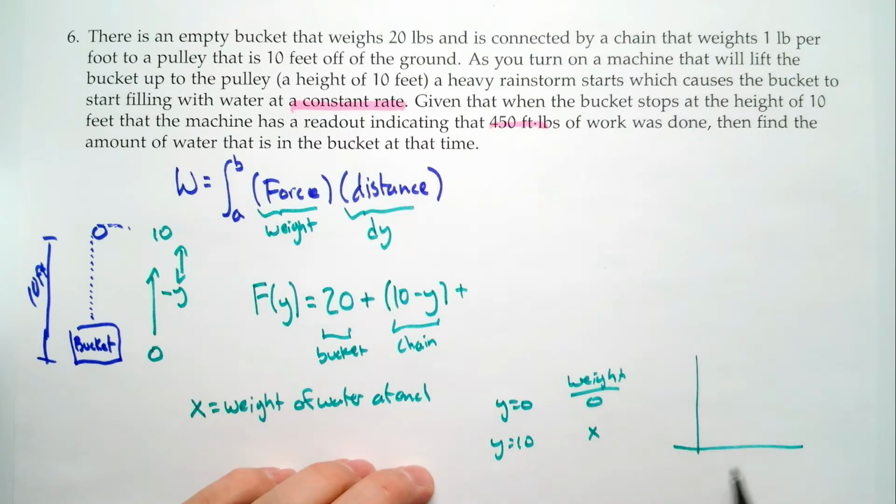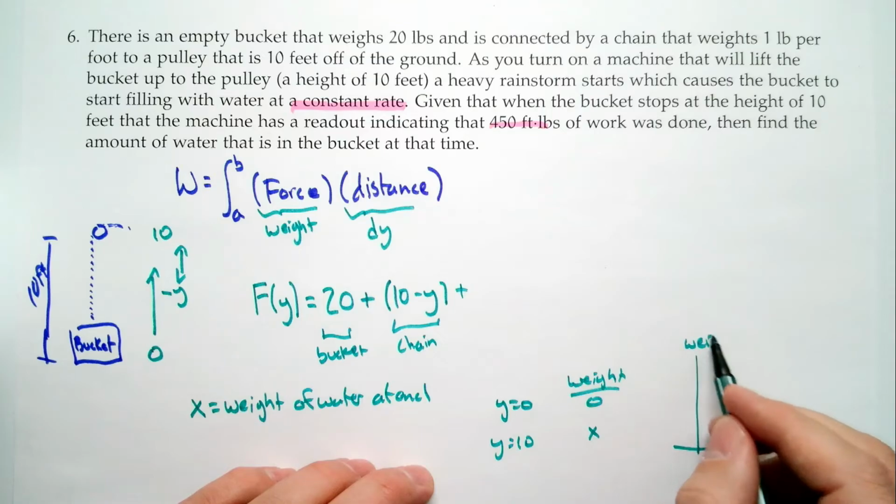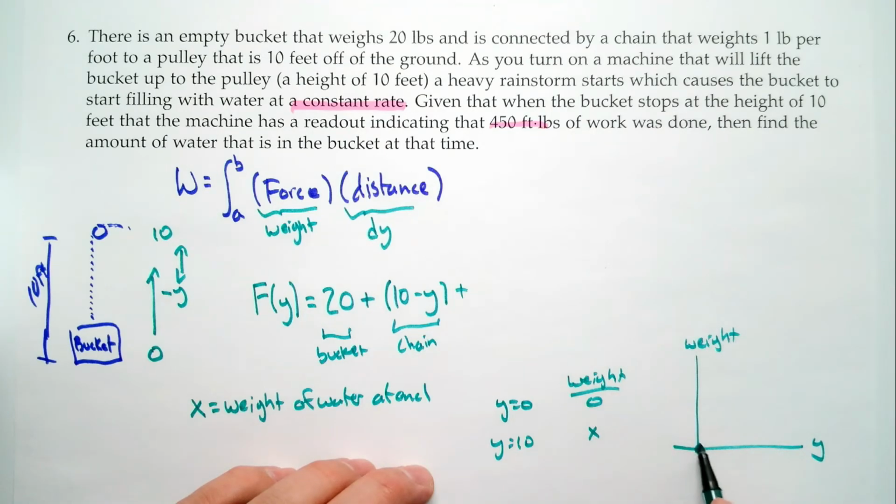So we could, of course, graph this. If we put here y and we put here weight, we're at 0, 0. And then over here we're at 10, x. Whatever that value for x is, we don't know. So that's what the weight of the water should be doing. It should be going in that kind of a line here.